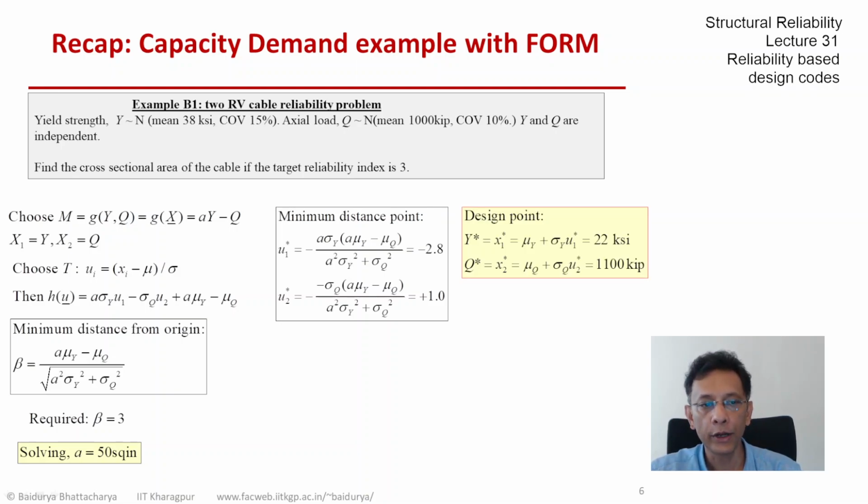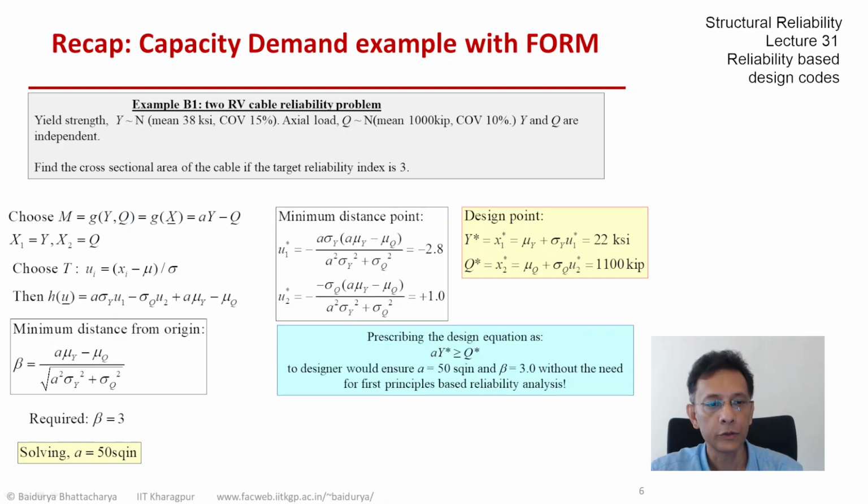We got the design point back from the u space into the x space, so that was 22 ksi and 1100 kip respectively, and then we said that perhaps we could give a design equation, ay star greater than or equal to q star, to the designer, and then the designer would take it forward and do the fabrication and installation as necessary.